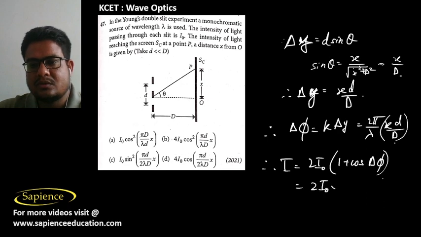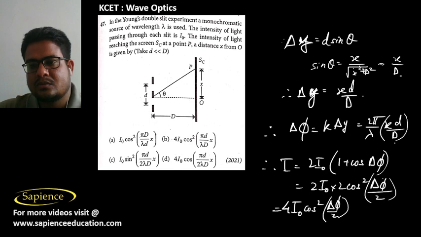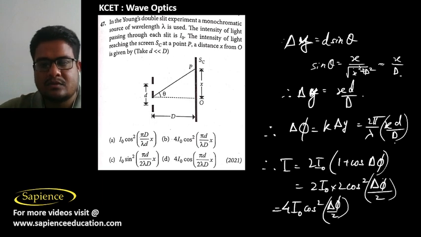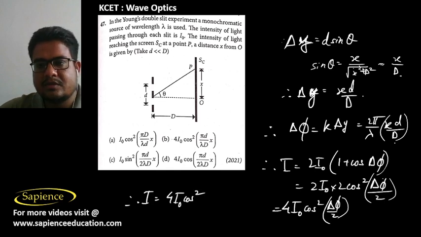So 2 I naught into 2 cos square delta phi by 2 is equal to 4 I naught cos square delta phi by 2. Therefore the resultant intensity at point P will be 4 I naught cos square of pi d by lambda D into x.